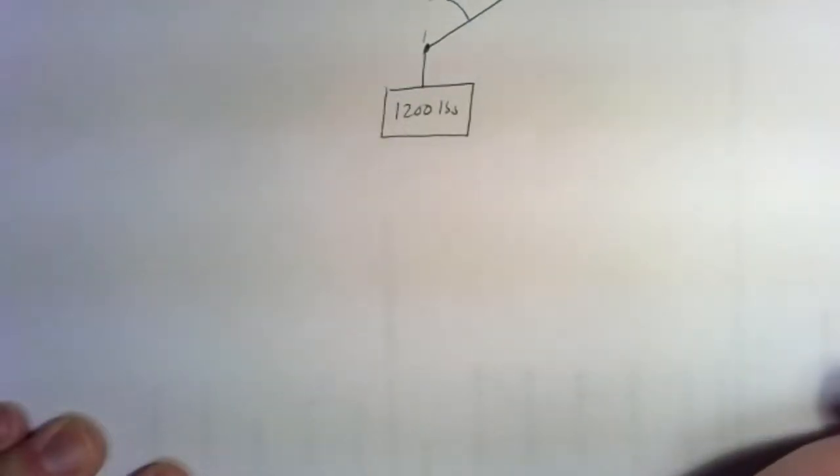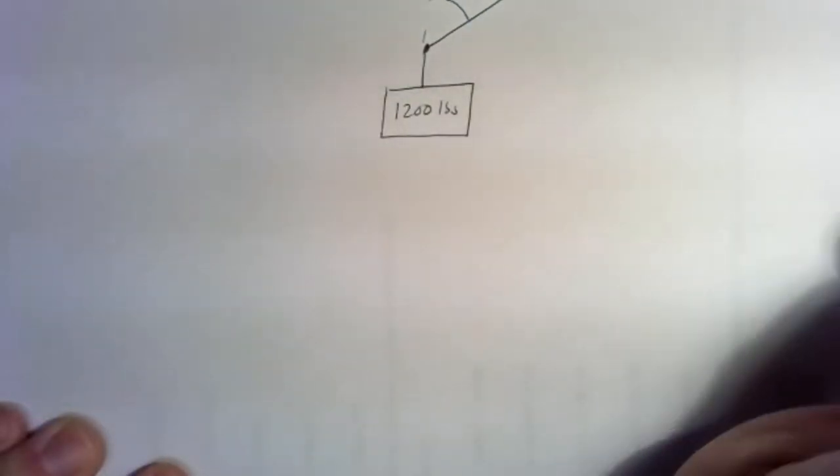This time I'll have an angle that is referenced to vertical instead of horizontal. We'll make that, let's say, a 30-degree angle.